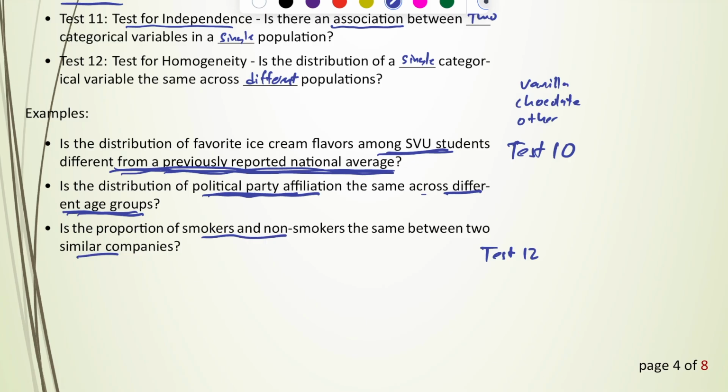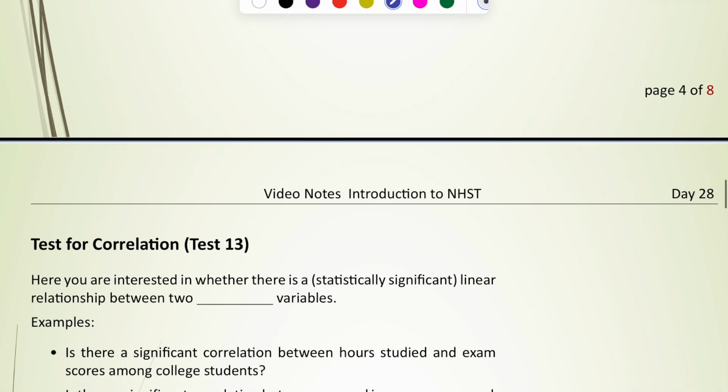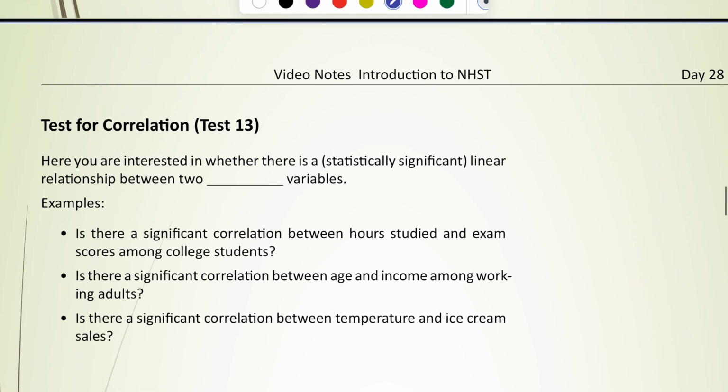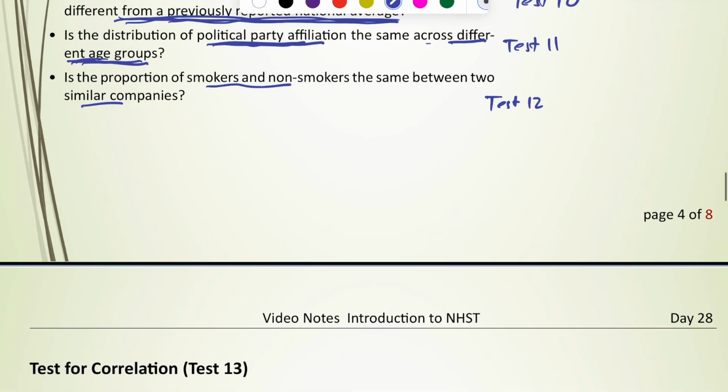And you want to determine whether or not these affiliations depend on age group or not. So you could also think of this one as being in test 11. One population, 2 categorical variables. Okay, now, the last 2 have to do with correlation, just like the test of independence.